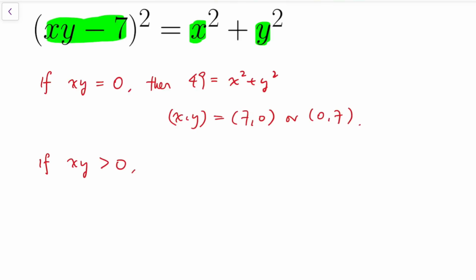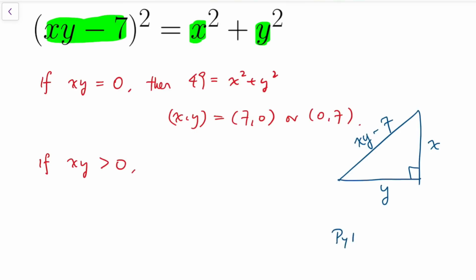We can actually construct a right-angled triangle with the length of the legs to be x and y and that of the hypotenuse to be xy - 7. This is because of the Pythagoras theorem. And we can call (x, y, xy - 7) a Pythagorean triple.